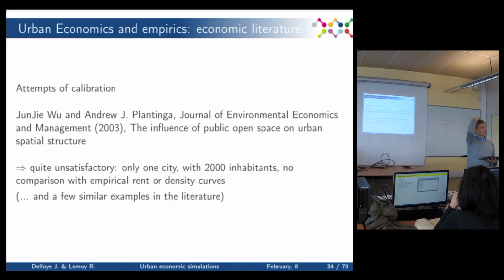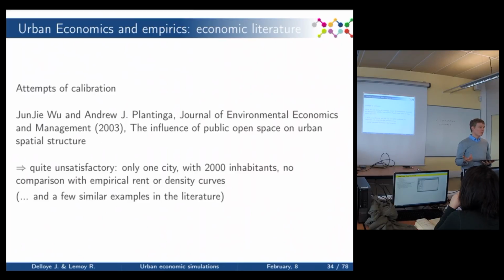The city has only 2,000 inhabitants, so you have to imagine this kind of model which we have, where everyone is commuting to the central business district of a city of 2,000 inhabitants. Well, I don't know what the central business district of a city of 2,000 inhabitants looks like, but it's probably fairly small. So it's not really the kind of model you would want to fit on such a city.